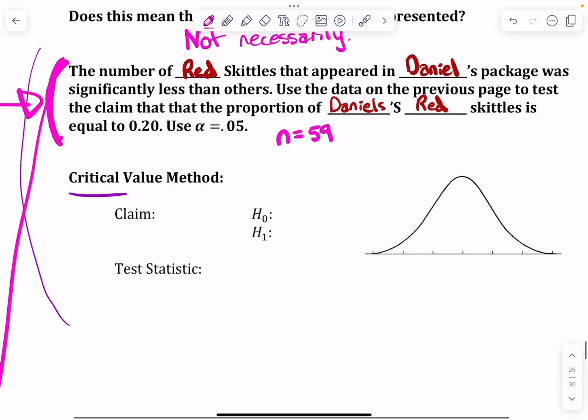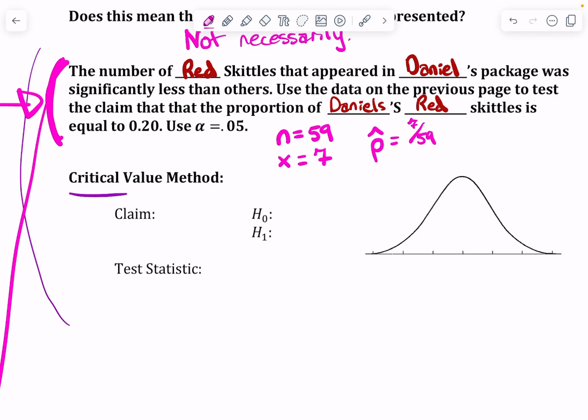The number of red Skittles was 7, which is going to give us a p-hat value of 7 over 59. 7 over 59 is 0.119, let's say. Okay, 0.119. That's my p-hat, okay?